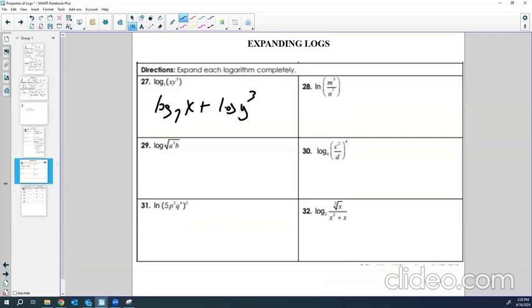Okay, what else can I do now? Bring the power 3 to the front, right? So that becomes log base 7 of x plus 3 log base 7 of y. You see that? I forgot the base, right? Log base 7.